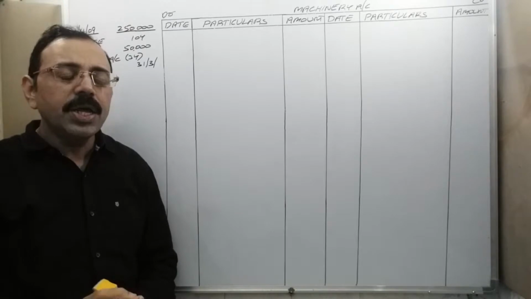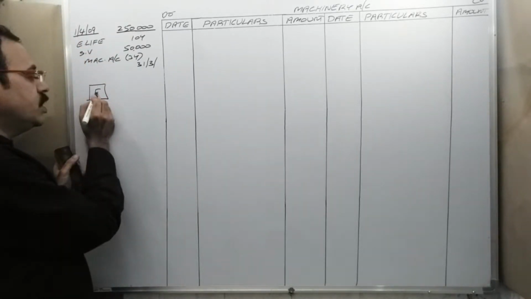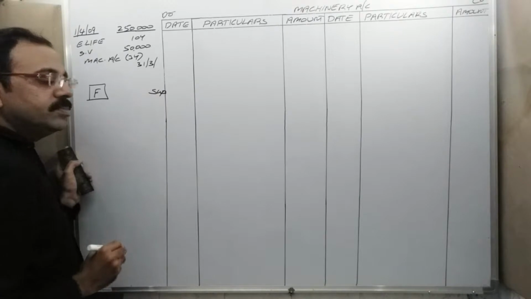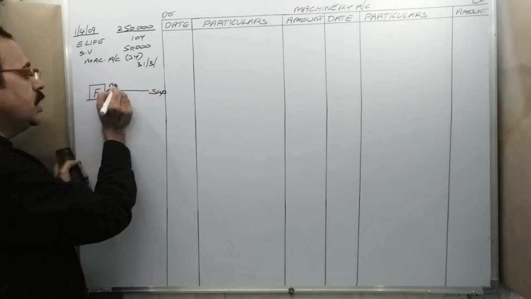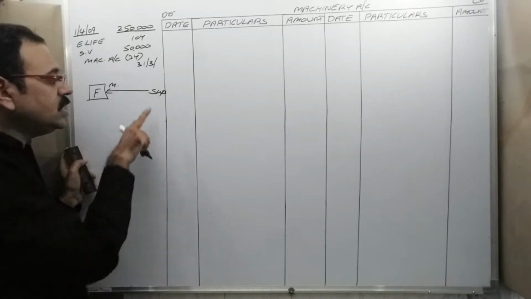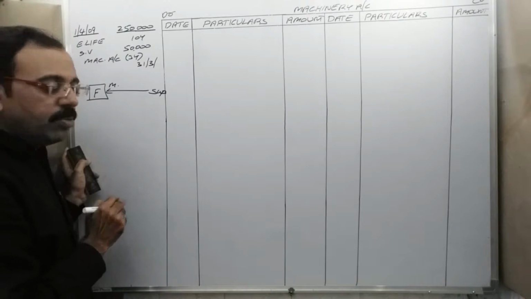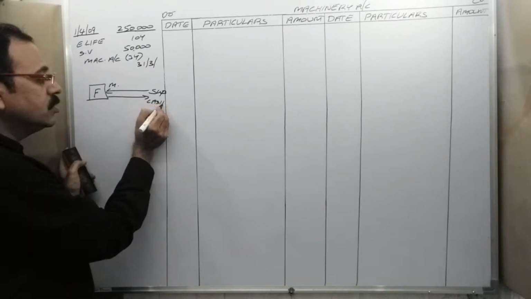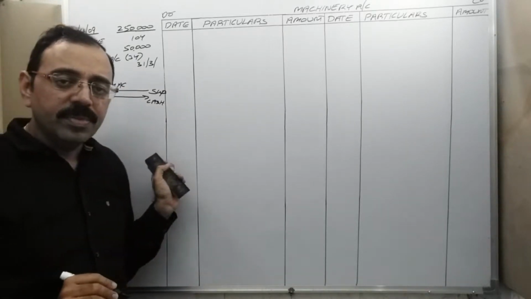So assume that you are working under this firm. Now, this firm has purchased one machinery from a supplier. Then what is coming to us? Machinery. Since the supplier name is not given, this is a cash purchase. Means in return what do we pay to them? Cash. Machinery is coming and cash is going.